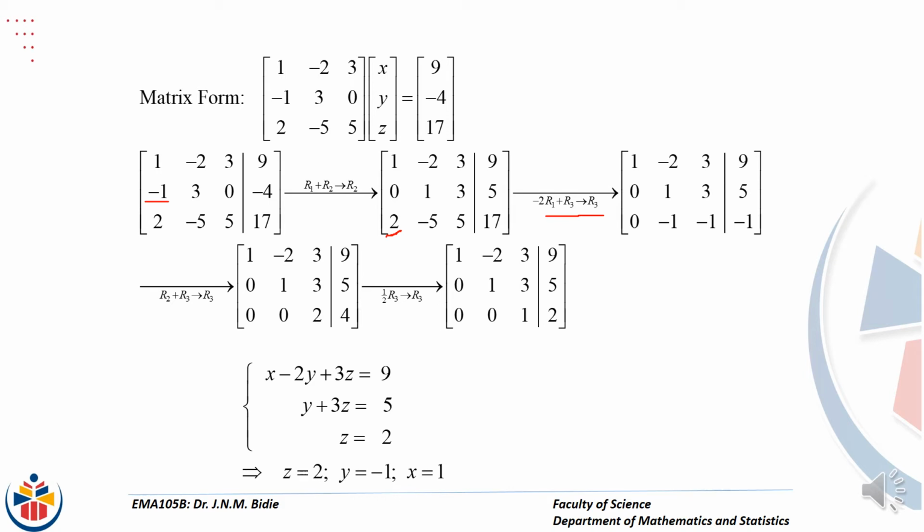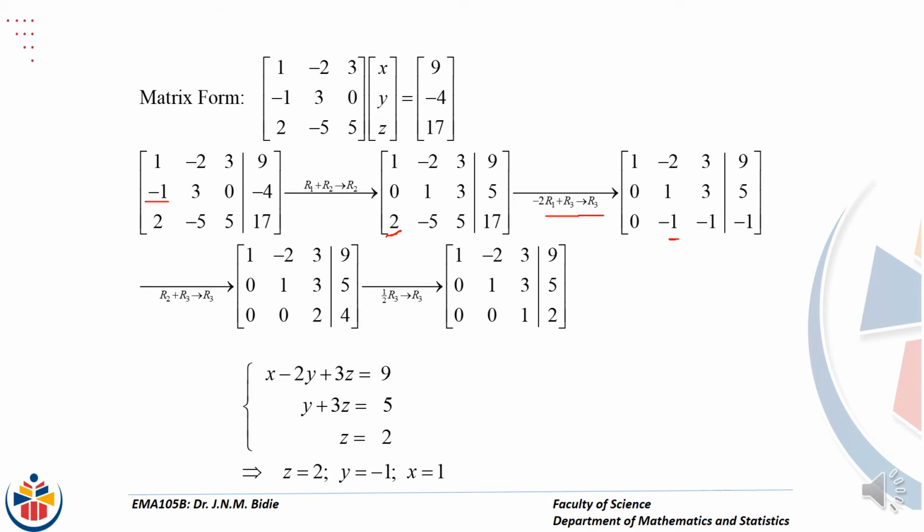The next step that we have now is to eliminate the coefficient of y in the third row. The easiest thing that we see, because we still have 0 and 0 there, we can just add row 2 and row 3, and our answer replaces row 3.